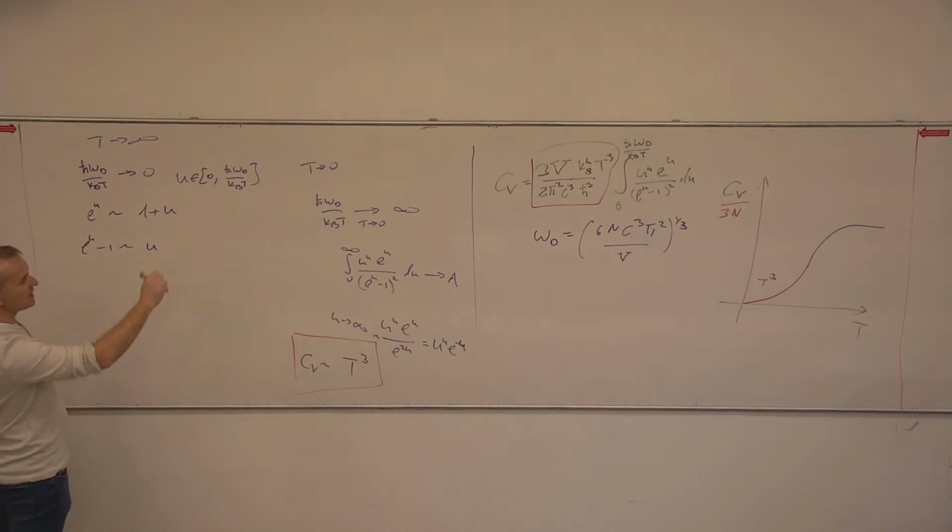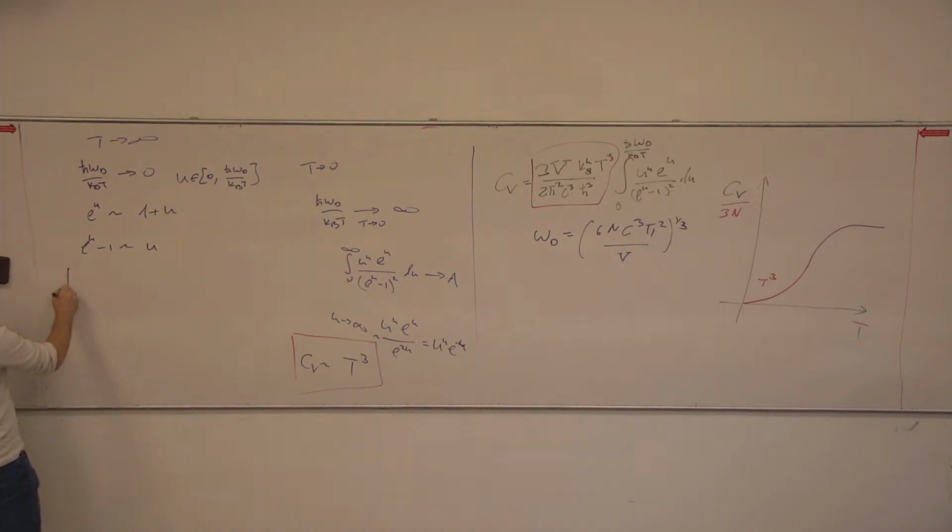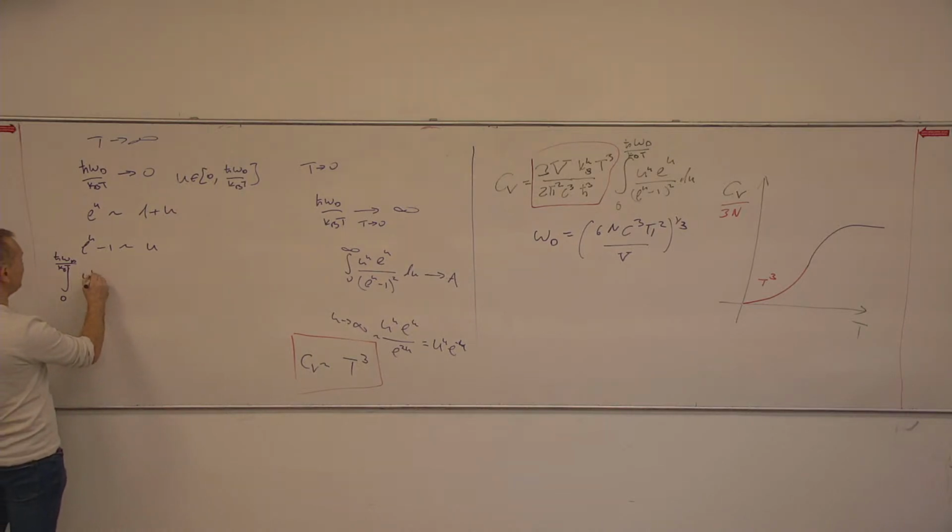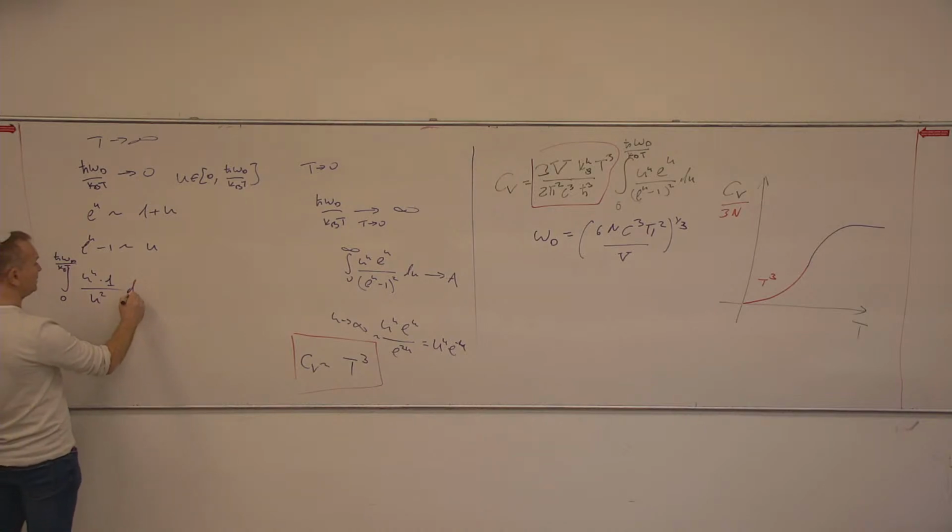Now, let's substitute everything inside this integral. So what we have is an integral up to h bar omega D divided by k Boltzmann T of u to the fourth. Instead of e to the u, we write 1. And in the denominator, we have u to the second power du.